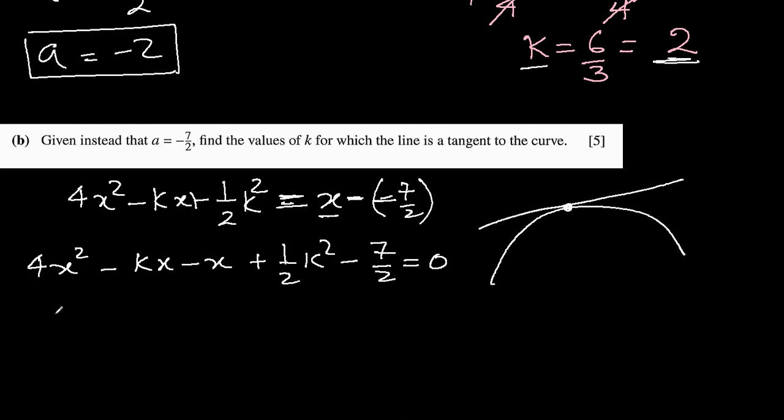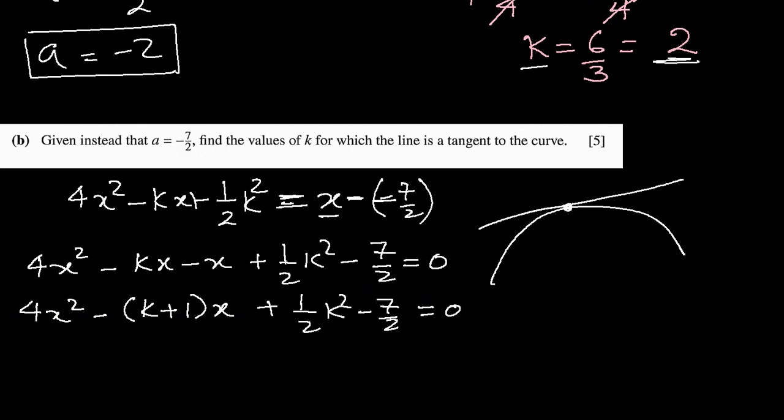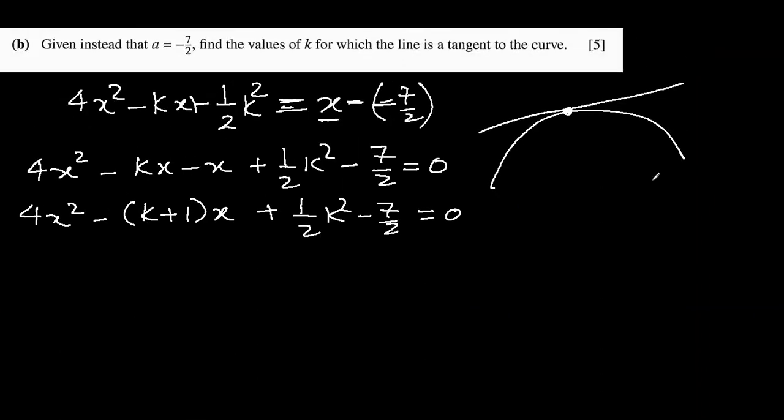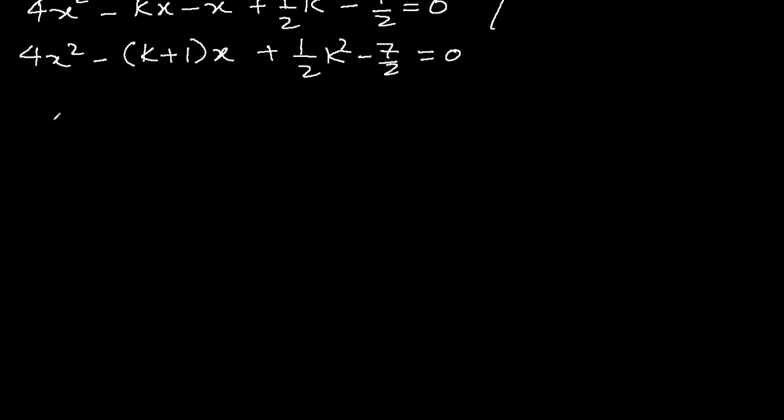So let's try to take this common here. So 4x square minus k plus 1 x, okay, plus half k square minus 7 over 2 equal to 0. Now, since we know that there is only one solution of this quadratic expression, for one solution we know that the discriminant b square minus 4ac has to be equal to 0.